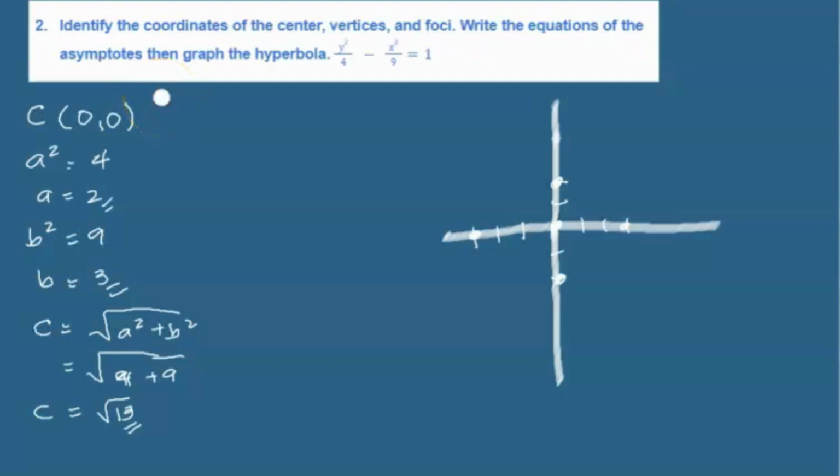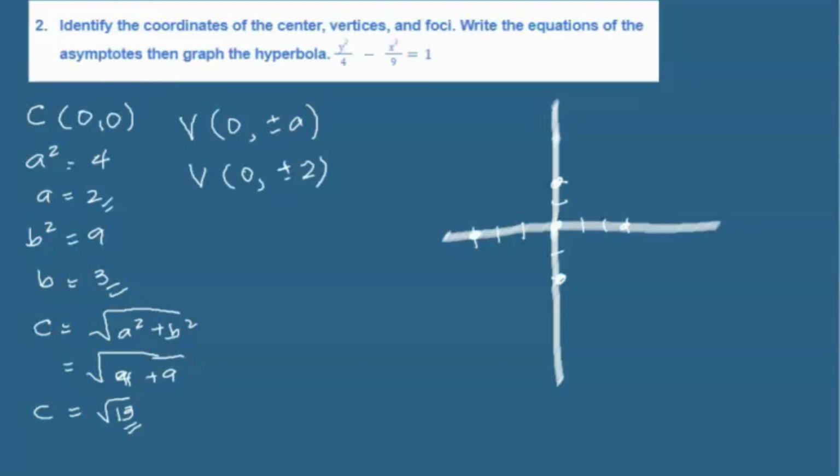Okay, so for this vertical hyperbola, the coordinates of our vertices would be at 0 and plus or minus a. In this case, our vertices are at 0, plus or minus 2.